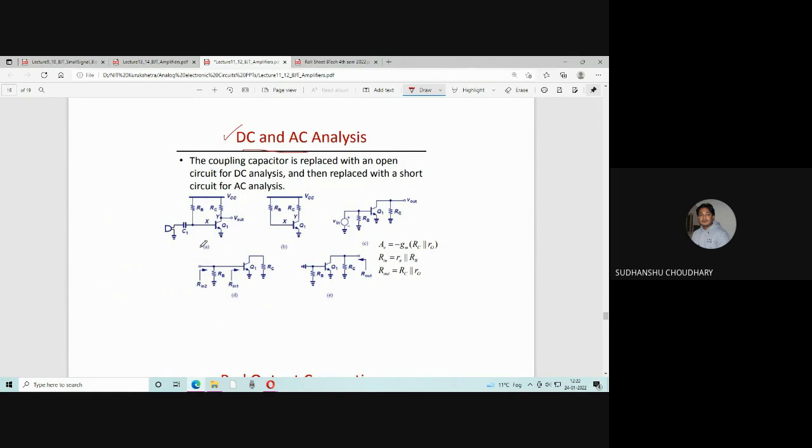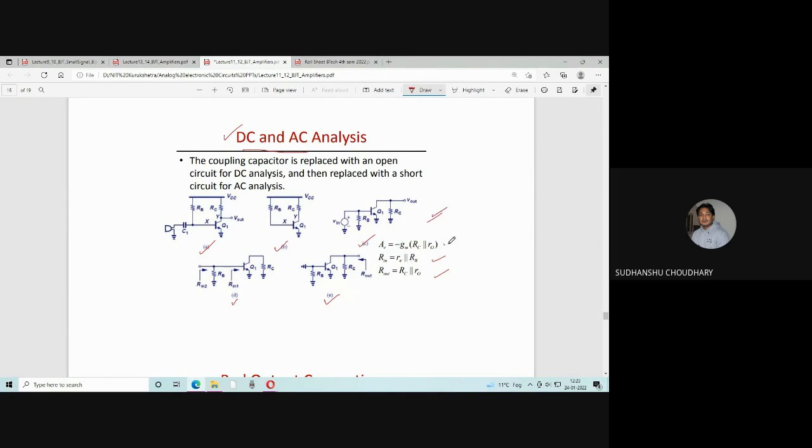If I want to do a DC analysis, I'll simply keep the capacitor open, and then one can perform the DC analysis. For AC analysis, the capacitor would be shorted, and then one can perform the AC analysis to find out the input impedance, output impedance, and gain can also be found simply by looking at this circuit.